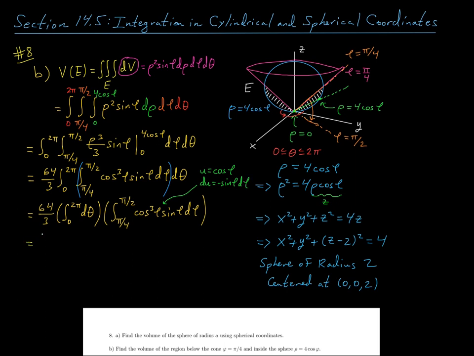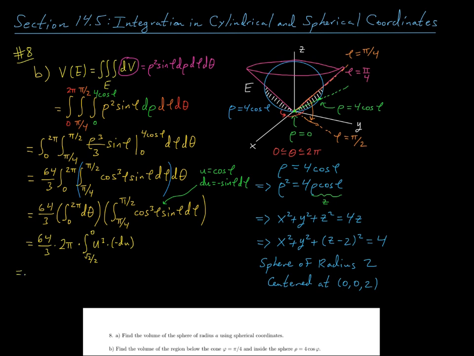So we're looking at 64/3 times this theta integral, which is just 2 pi, times the integral of u cubed times sine phi d phi, which would just be minus du, and then changing the bounds, when phi is pi over 4, we're going to have the cosine of pi over 4 for u, which is root 2 over 2, and then when phi is pi over 2, we're going to get u is equal to the cosine of pi over 2, which is 0.